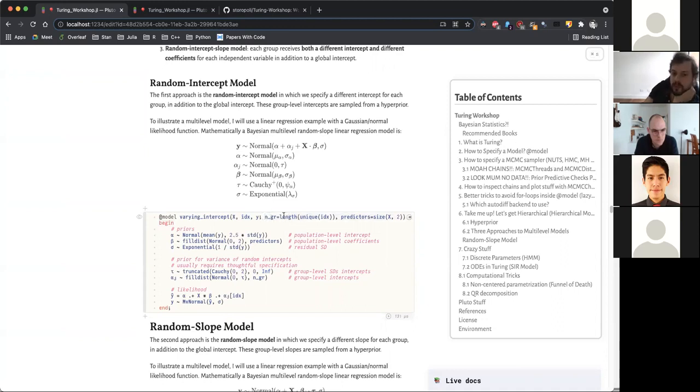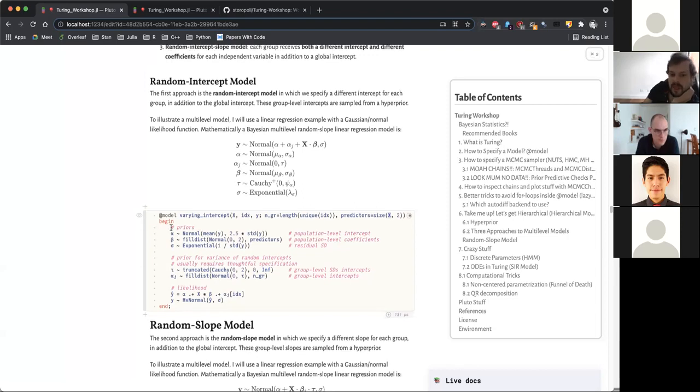So I have the number of groups, which is the length of the unique entries in my group ID vector. And then I have the predictors, which is the same as before, the number of columns in my X data matrix, and then I begin to specify the priors.